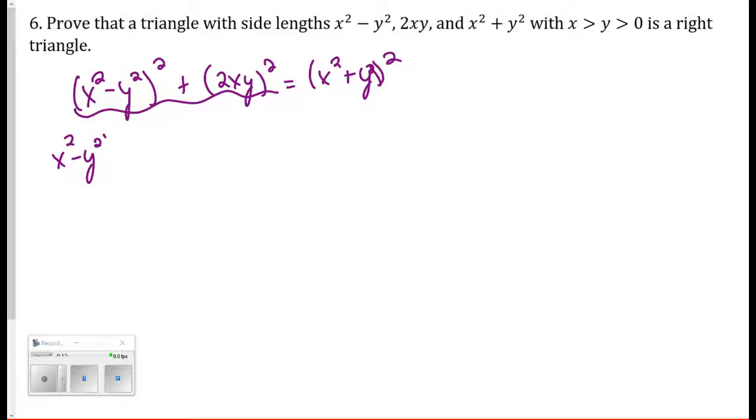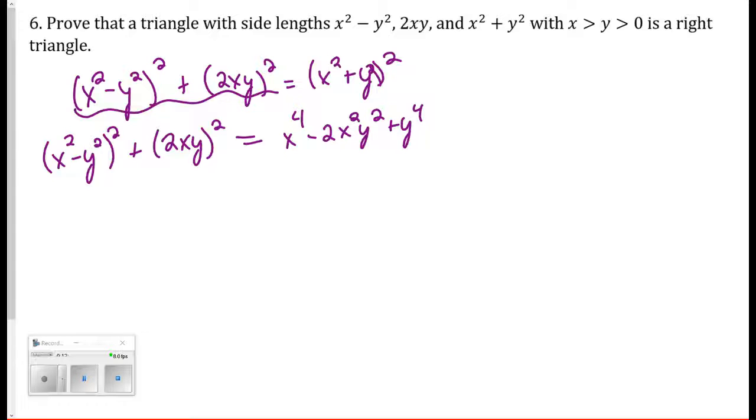x squared minus y squared, squared, plus 2xy squared. What does that equal? Well, to square a binomial, we came up with that identity in class today. You square the first term, and then 2 times their product, so minus 2x squared y squared, and then you square the last term, so plus y to the fourth. Plus, well, what's 2xy quantity squared?